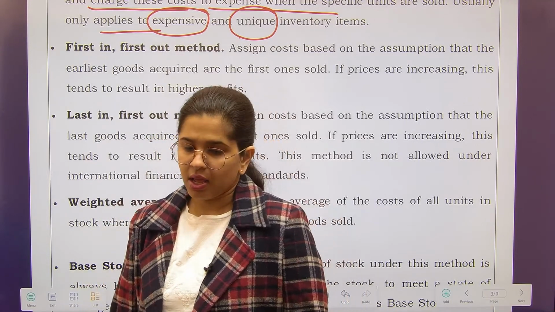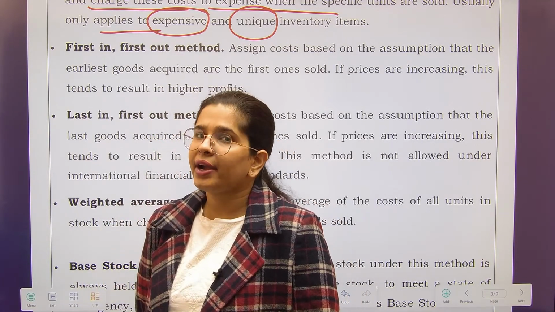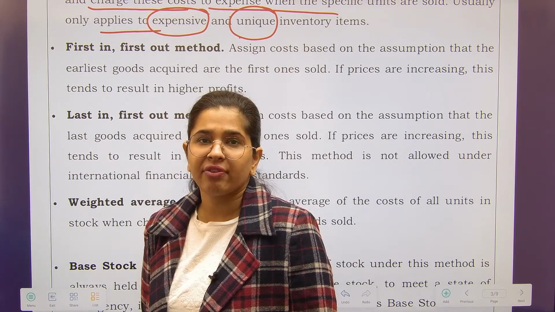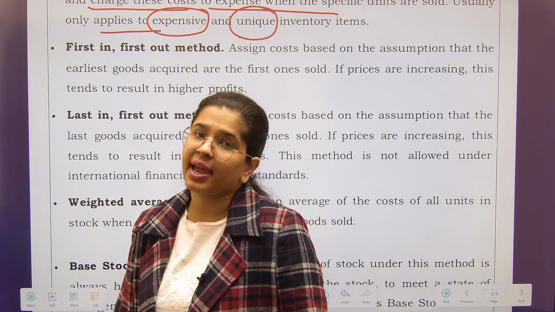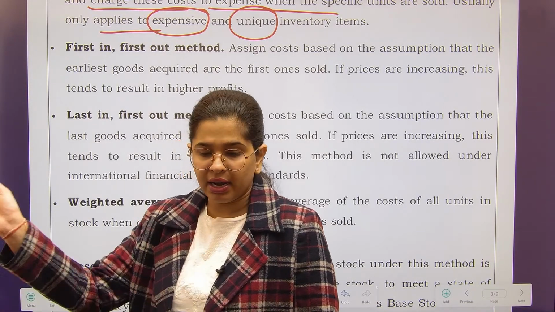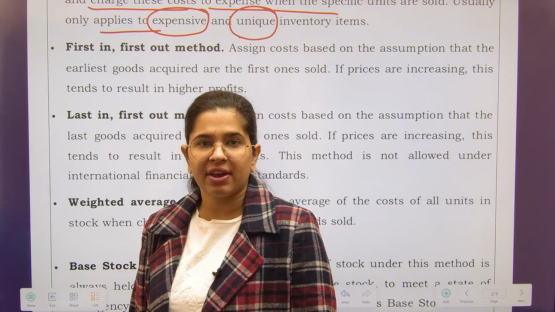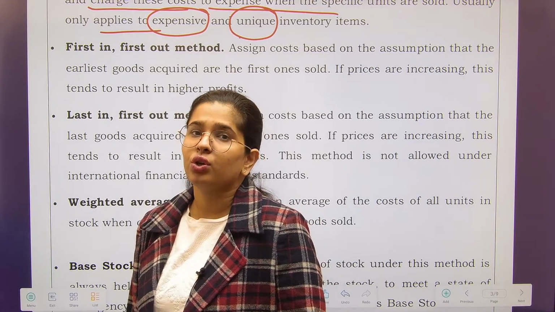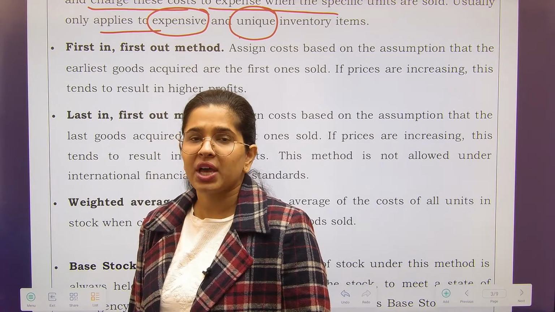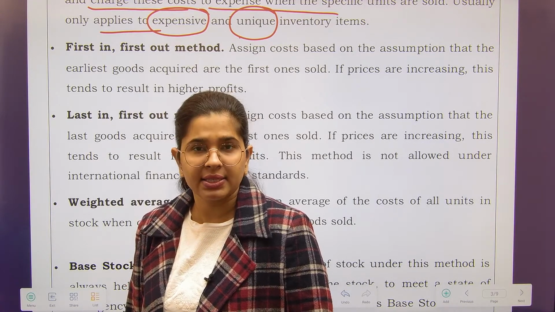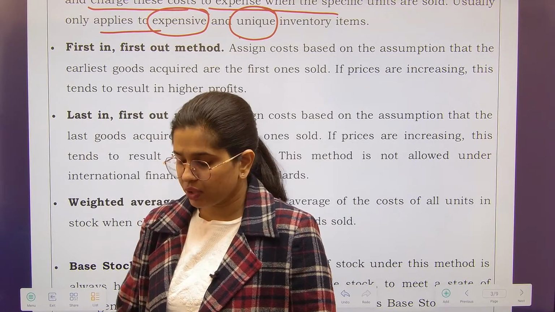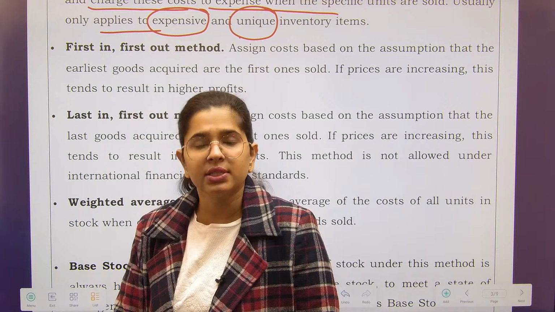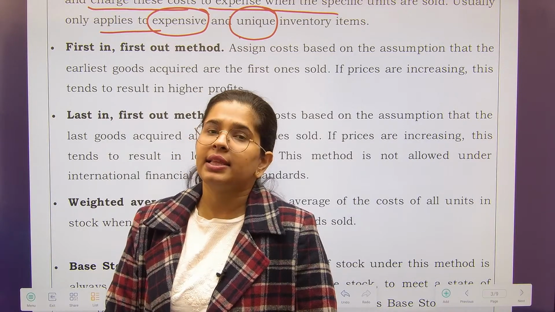So for current production, if I had to use 10 packets of maida, all those packets which came at 60 rupees arrived very first, and the remaining 5 packets and 5 packets arrived at a later date. So I will choose those maida packets which arrived at my premises first. Whatever inventory item came to you first, utilize that first.